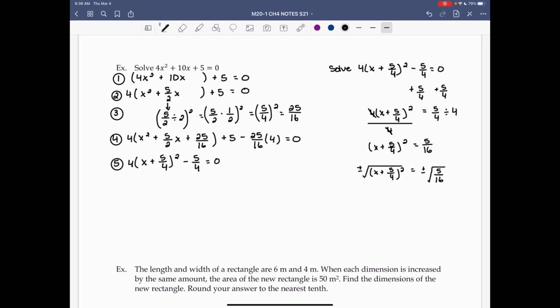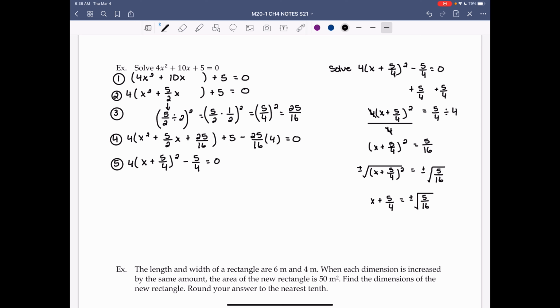Then the left side is x plus 5 over 4, and the right side is plus minus square root of 5 over 16.